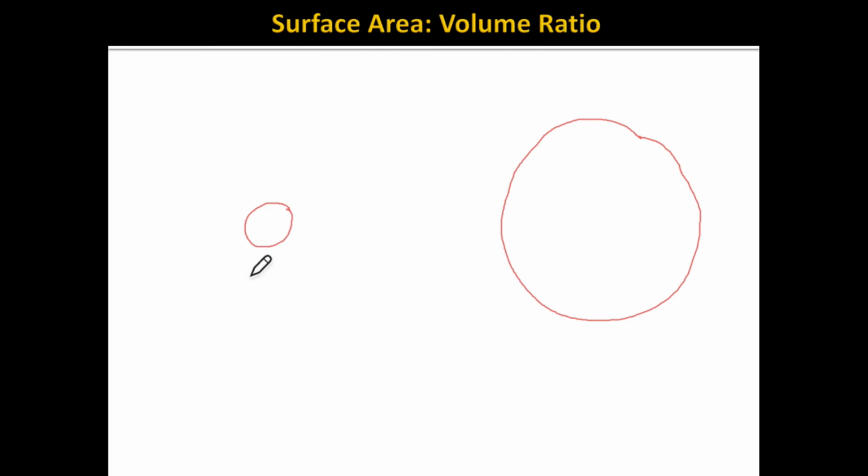So if we were to look at something that's small, like this, it has a high surface area to volume ratio. The units of surface area are much greater compared to the units of volume. If you look at something that's really large, as you increase size, the surface area to volume ratio gets smaller. Now, there's a lot less surface area compared to the amount of volume in that cell.